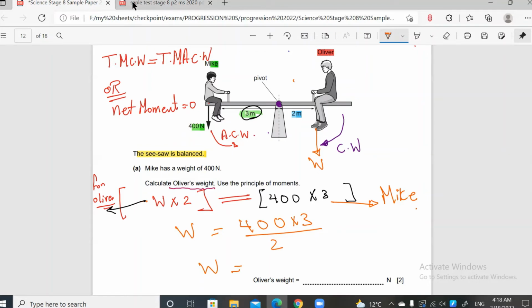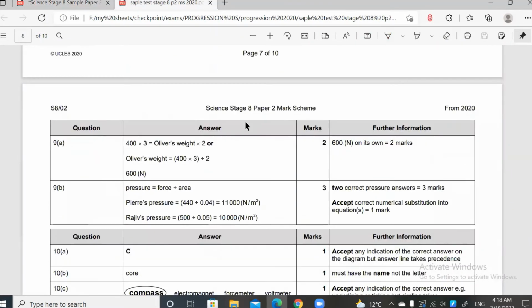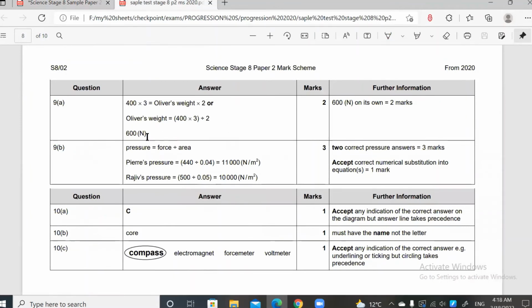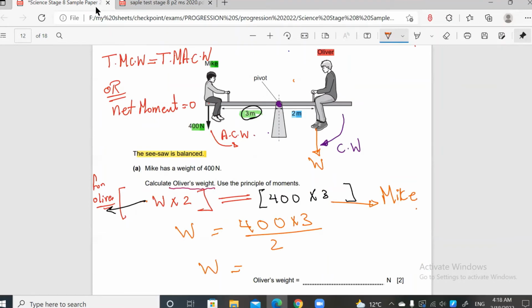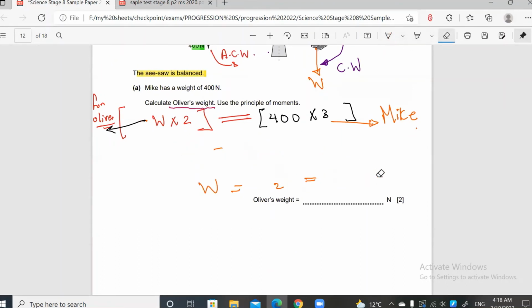400 times 3 is equal to 1,200. Then 1,200 divided by 2 is equal to 600 Newton. Again, let's do it once more to understand very well.